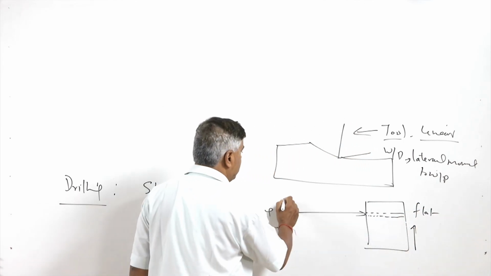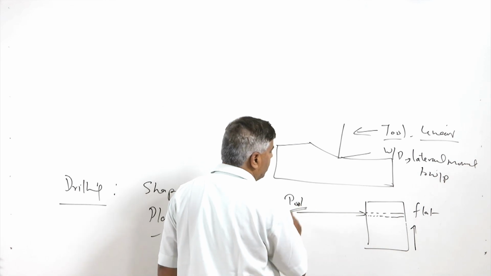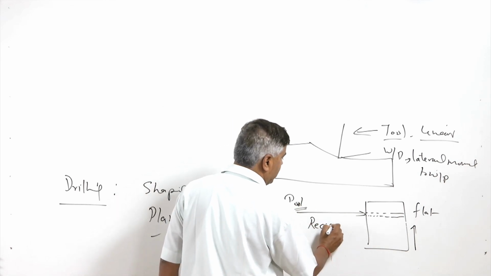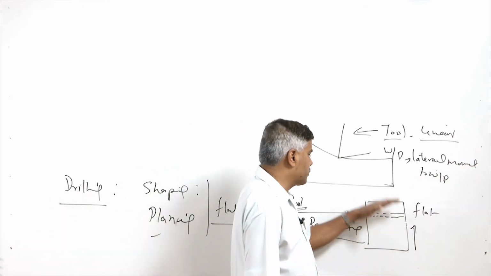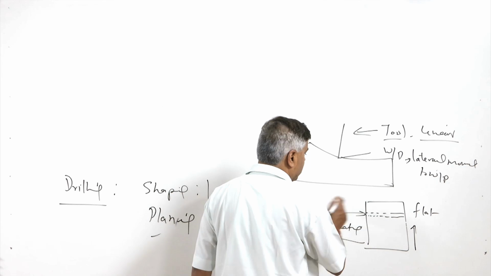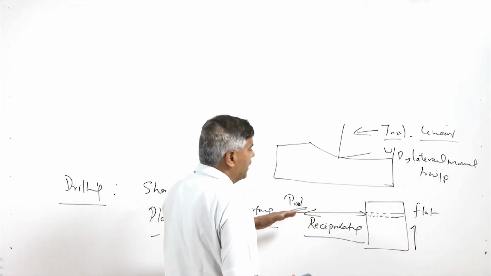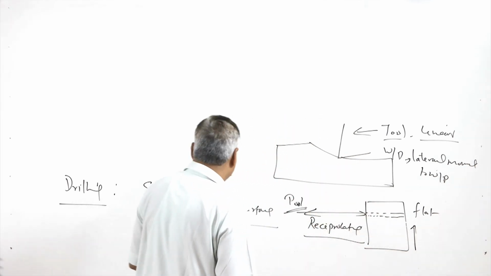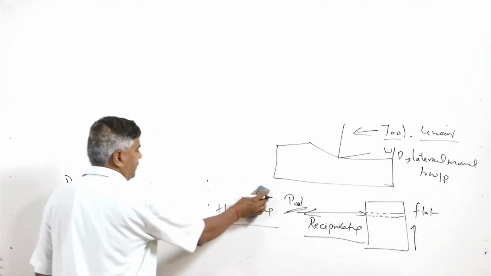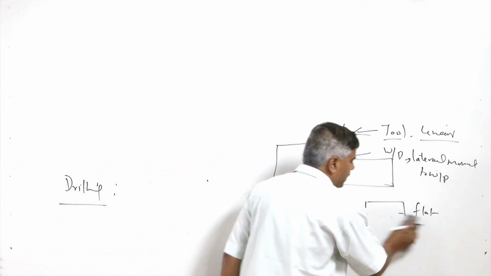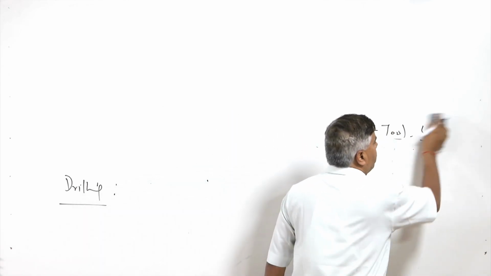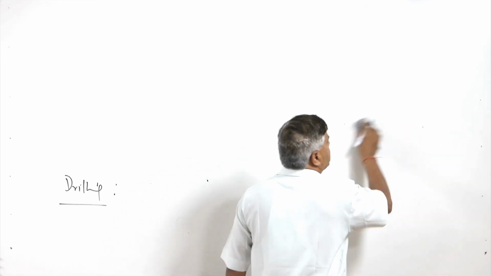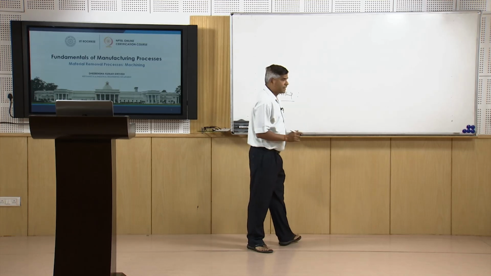So, in this case the reciprocating movement is given to the tool, while the workpiece is given the lateral movement. Basically the tool reciprocates along a particular line, and the workpiece is moved laterally in order to produce the flat surface. Similarly, a similar combination of movements is used in case of planing, wherein the reciprocating movement is given to the workpiece and the tool is kept fixed.